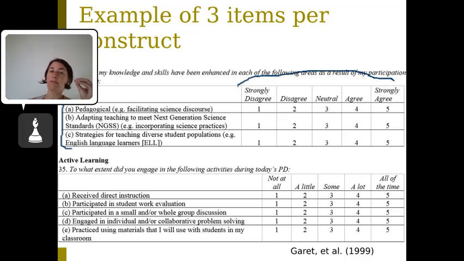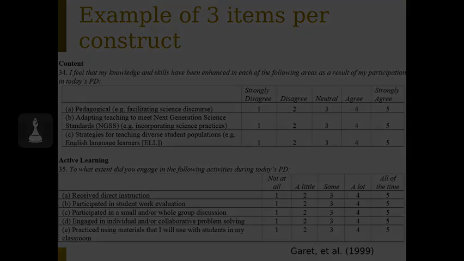So essentially, to get the final number for this idea of content in PD, we would be averaging across. For active learning, same thing. We actually have 5 aspects of active learning, and you can see how these are each different aspects of active learning. Except direct instruction is reverse scored, but participating in student work evaluation, smaller whole group discussion, individual collaborative problem solving. So we average across all of those to get an idea of exactly to what extent people engage in active learning.